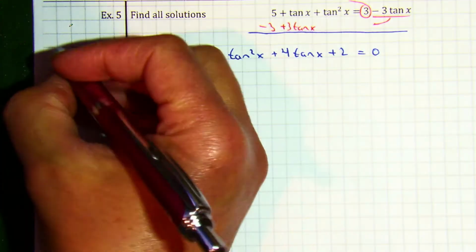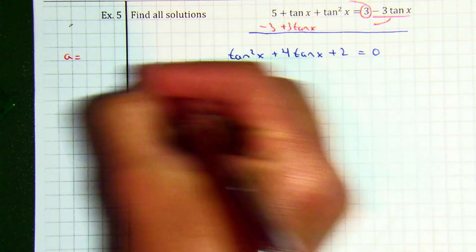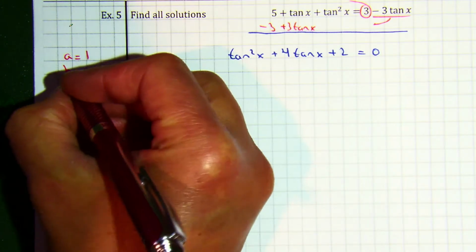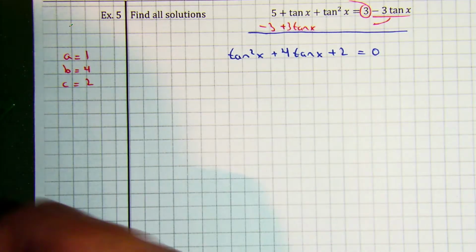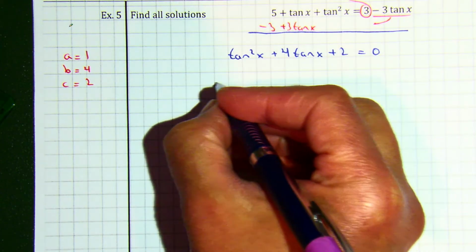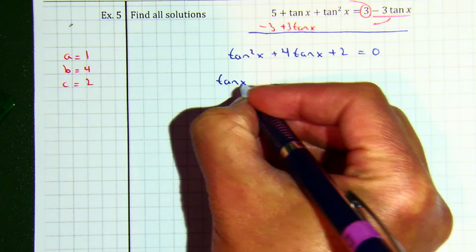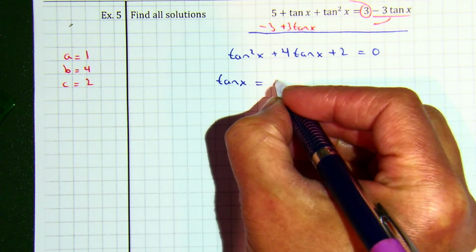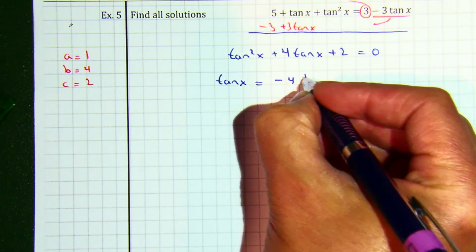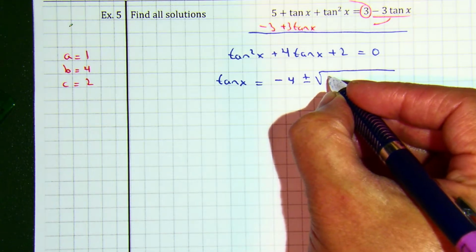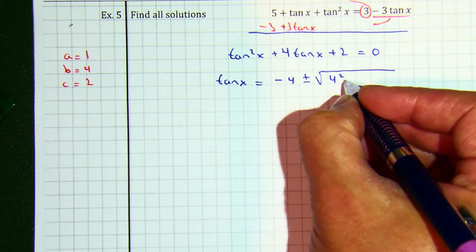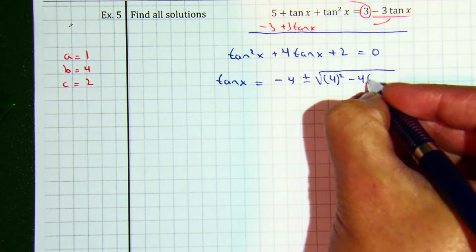So my a value is 1, my b value is 4, and my c value is 2. But instead of saying x equals, it will be tangent of x equals negative b, so it'll be -4 plus or minus b squared, so it'll be 4 squared minus 4ac.